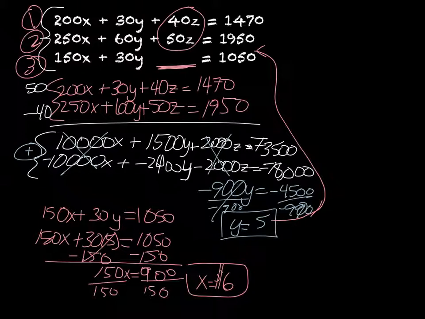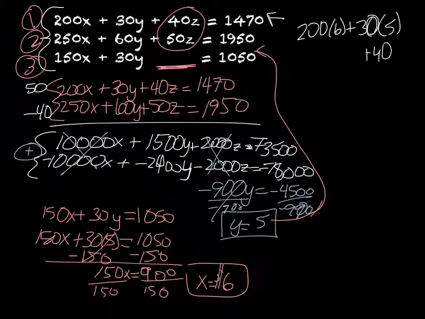And finally, to find z, we're going to put it into one of our first two equations to find z. So I'm just going to put it in here. So I'm going to have 200 times my x, which is 6, plus 30 times my y, which was 5, and then plus 40z, and that's going to equal 1470.